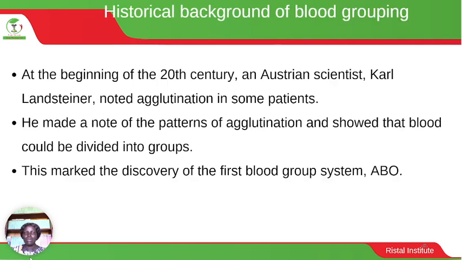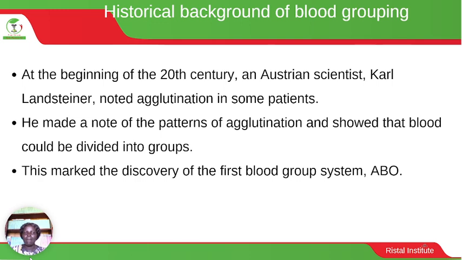Historical background of blood grouping. Where did we get this idea of blood grouping and why is it being practiced? At the beginning of the 20th century, an Austrian scientist by the name of Karl Landsteiner noted agglutination in some patients. Agglutination is the clamping together of some substances.